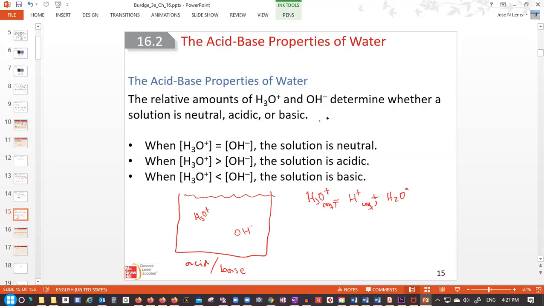So you have H3O plus aqueous plus OH minus aqueous, and you get what? Water. It's liquid, reacting with another water molecule, liquid. So the opposite. So it forms an equilibrium there.